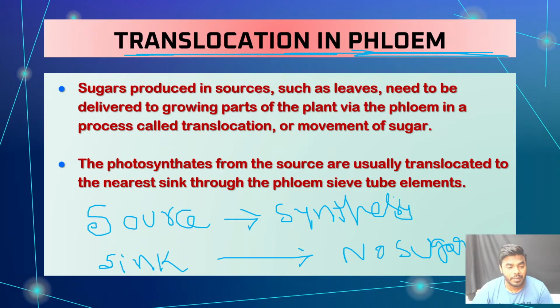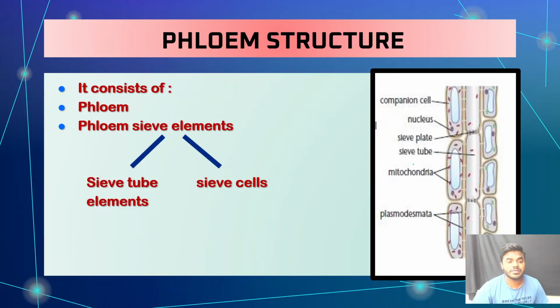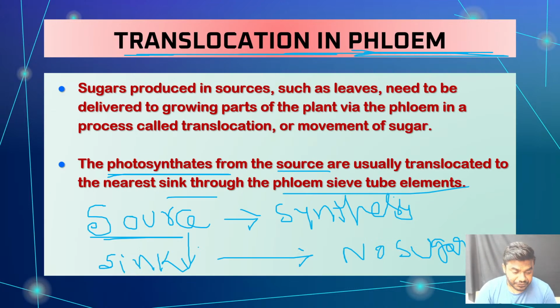Now everyone remember, from where to where are these moving, friends? Sugars always move from the source to the sink. So the photosynthates means the solutes which we produce. What will we produce? Of course, we will produce the sugar. So the sugars always move from the source to the sink via phloem sieve tube elements.